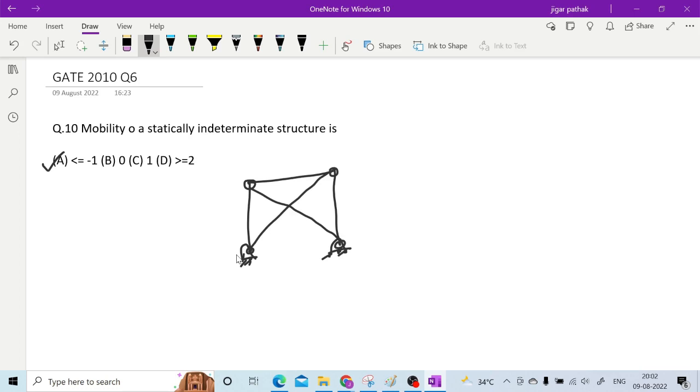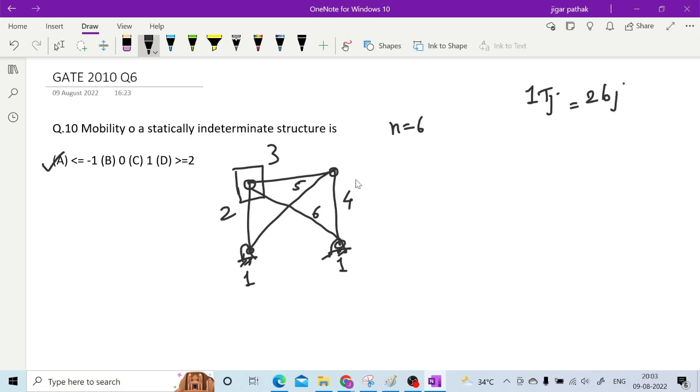Then links 2, 3, 4, 5 and 6. So now the number of links will be 6 and the number of joints is 1, 2, 3, 4. But what you are going to observe in this mechanism is that at every joint you have 3 links. So remember, this is a ternary joint. So one ternary joint is equal to 2 binary joints.